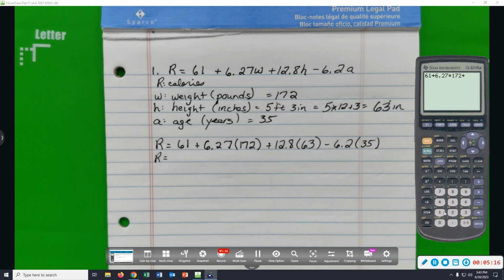Plus, not 128, it's 12.8 times 63, and then a minus 6.2 times 35. Read through it, make sure I didn't enter a number wrong.